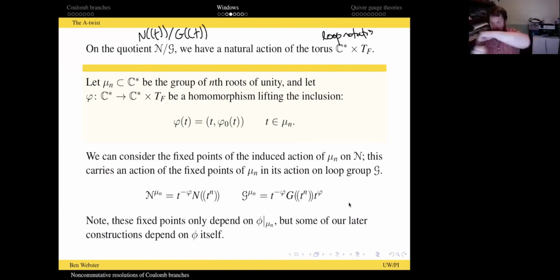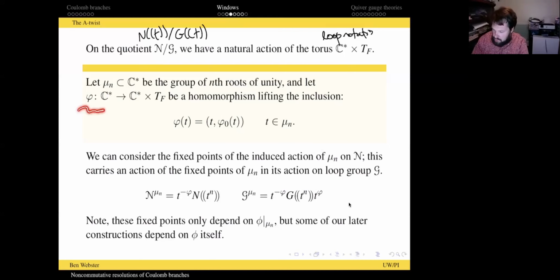It comes from actually rotating the ravioli. And inside there's a subgroup, which is the nth roots of unity, the unique finite subgroup of order n inside C star, mu n. And I'm going to make a choice here.